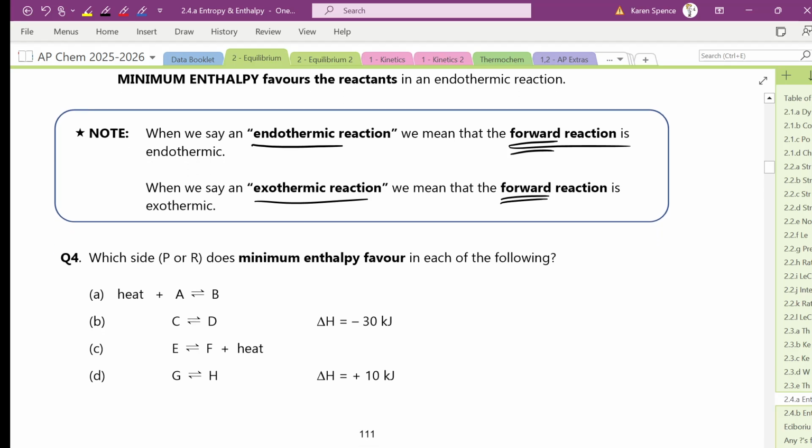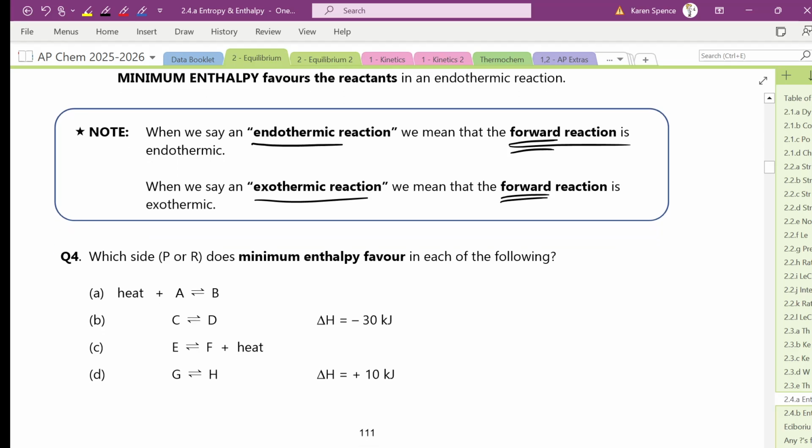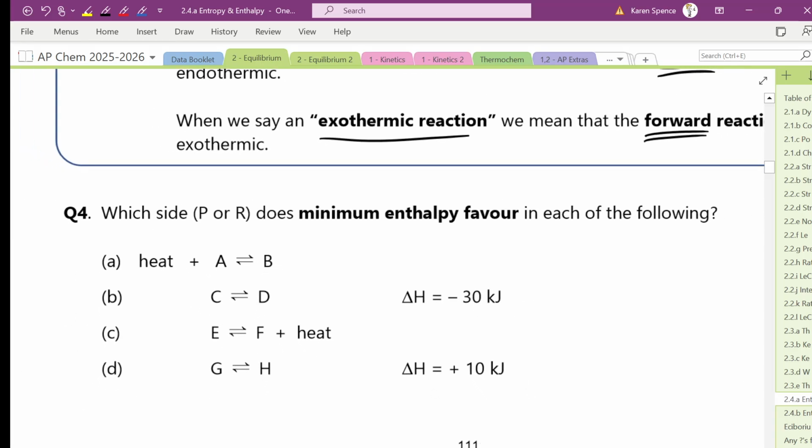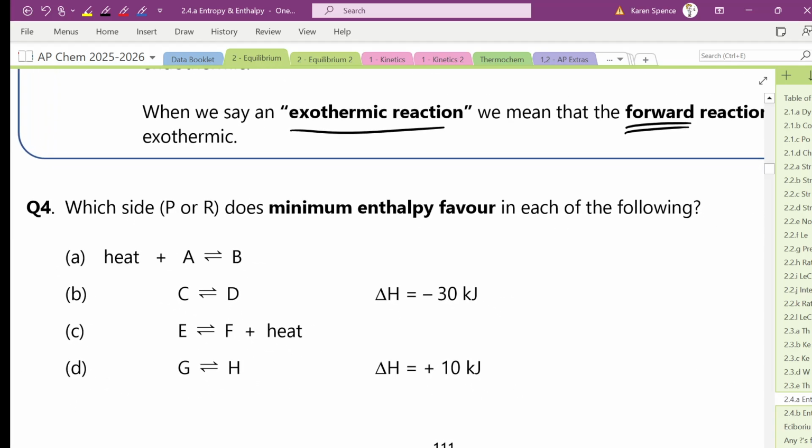All right, please tell me, because I know you don't remember this from this summer, which side, products or reactants, does minimum enthalpy favor for each of the following?